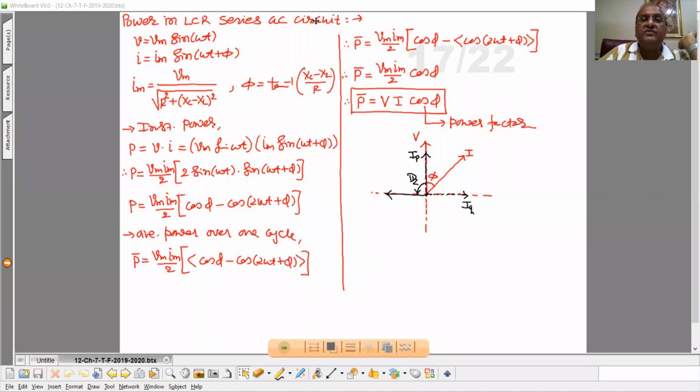So in this way, due to which component in the circuit, how the power dissipation takes place, that we can understand. So if power factor is high, then the power loss will be minimized.